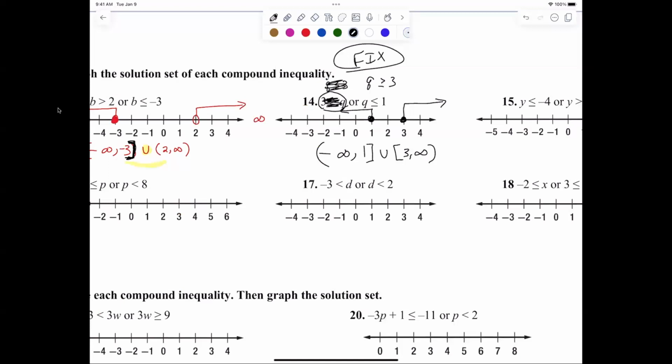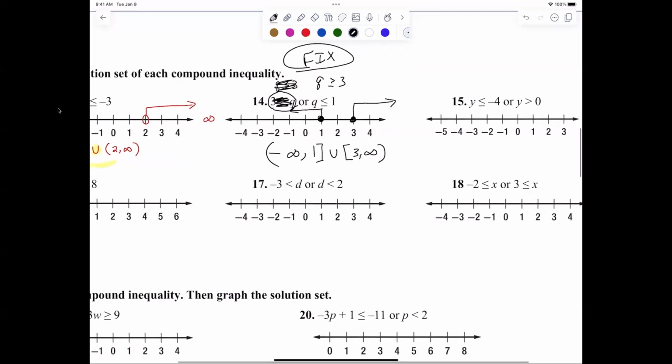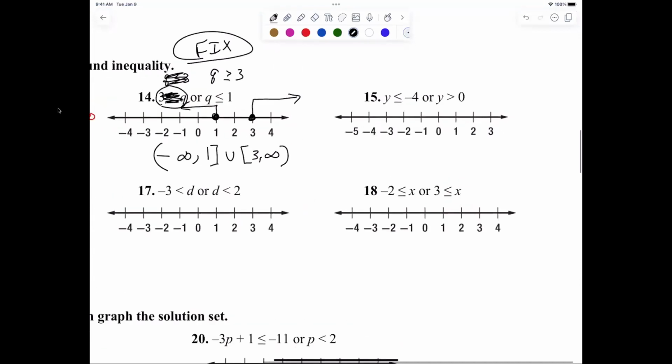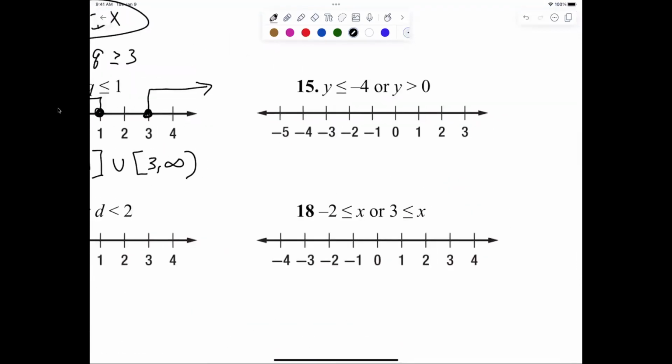Here we go. 15. Mark that on your figure. Y is less than or equal to negative 4. Less than or equal to negative 4. Greater than 0.